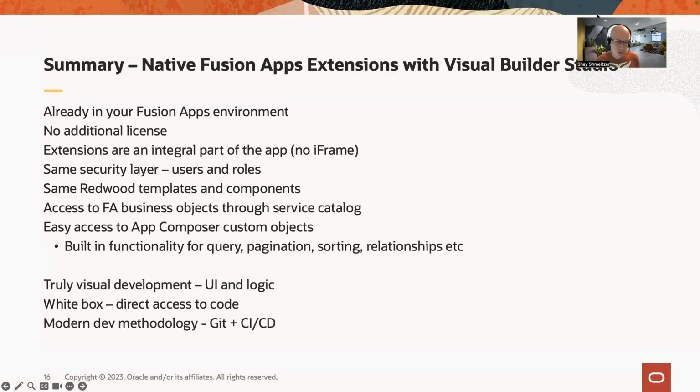And then we use a modern development methodology with Git version management and CI/CD to manage all those extensions that you created, manage the code and the deployment across the environments. So those are some of the key benefits that Visual Builder provides you as a tool for building extensions and customizations in Fusion apps. Okay.